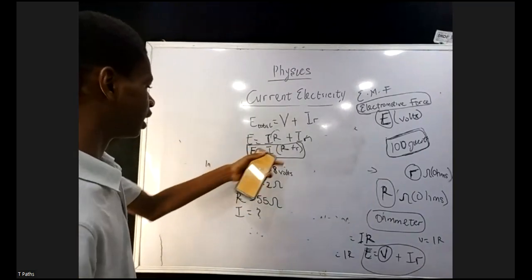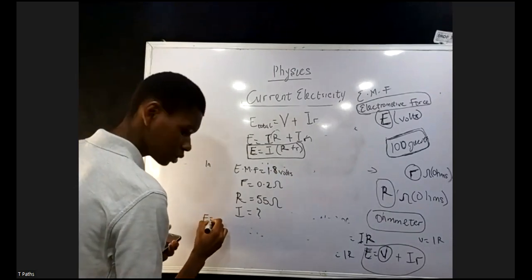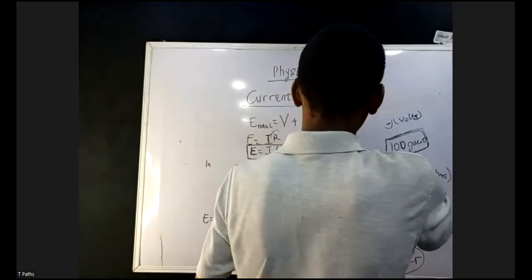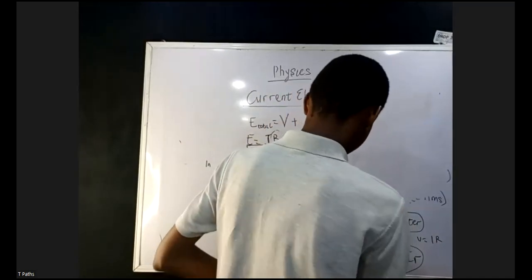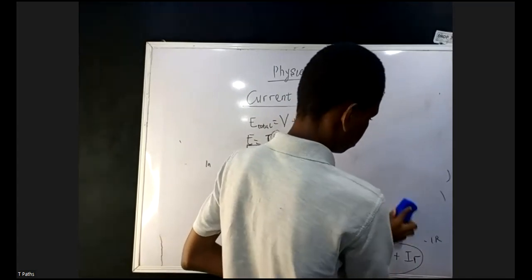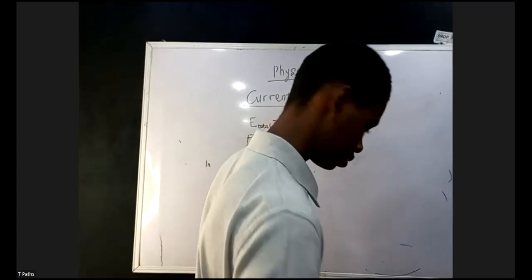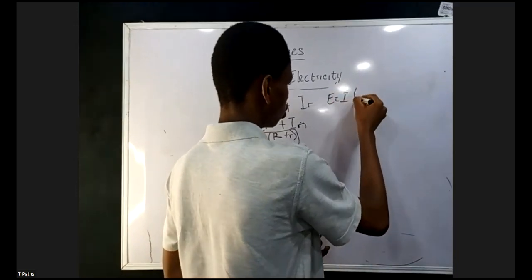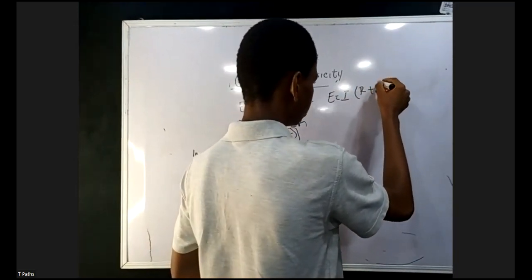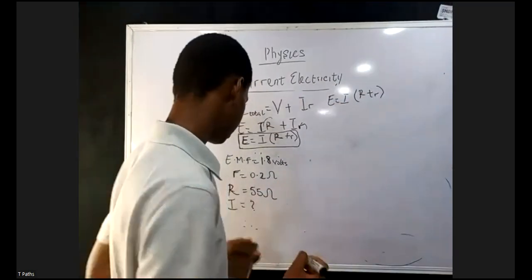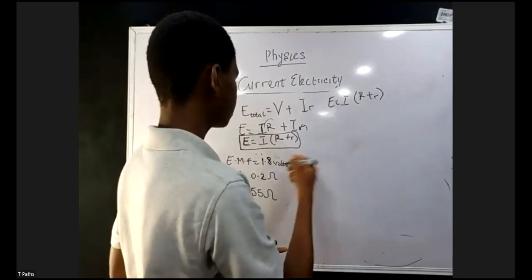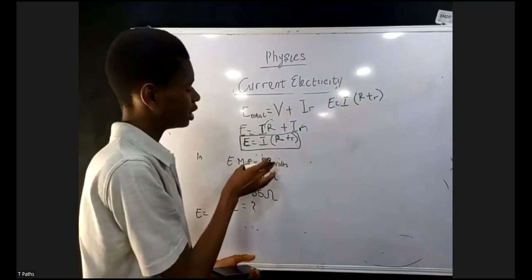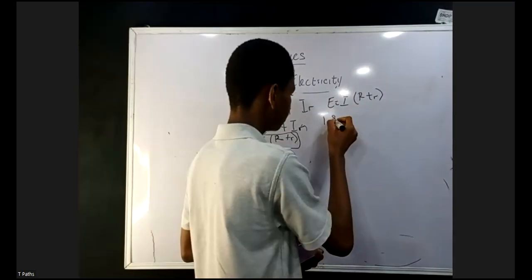Now, from my formula, I have electromotive force is equal to my current open bracket R plus r. So now here I'm looking for my electric current. What I'm just going to do is replace all these values inside my formula. So my electromotive force here is 1.8 volts.